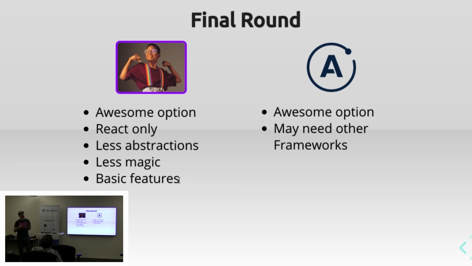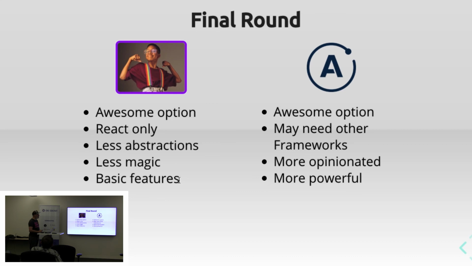You may also use it in other frameworks, not only React. So if you have different stacks at your company, you can use Apollo for all of them. It's a little bit more opinionated. It gives you more power, but then you need to learn all of these features separately. So it's getting more and more complicated.